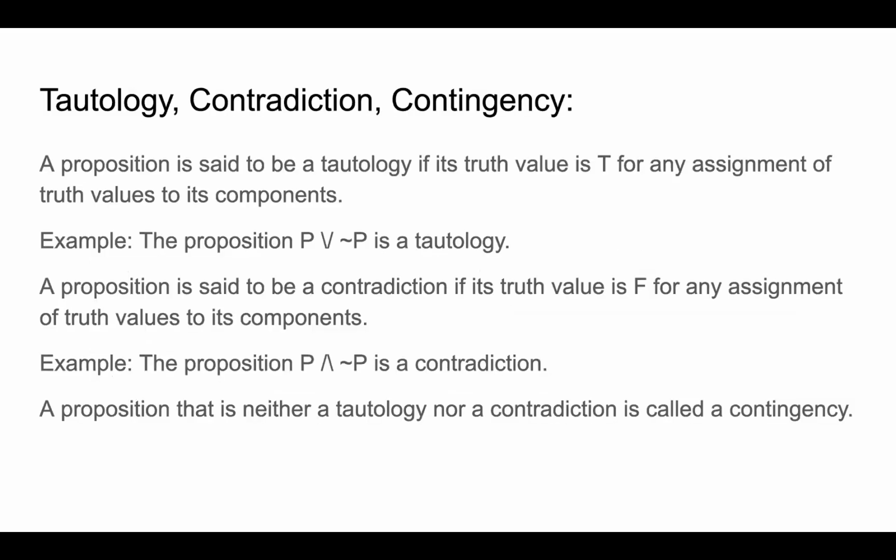Then what we have is tautology, contradiction and contingency. A proposition is said to be a tautology if its truth value is true for any assignment of truth values to its components. Example, the proposition P or negation P is a tautology.